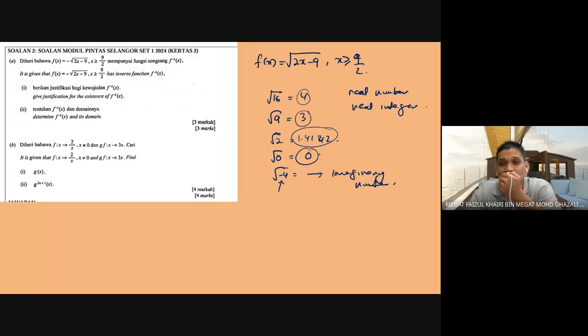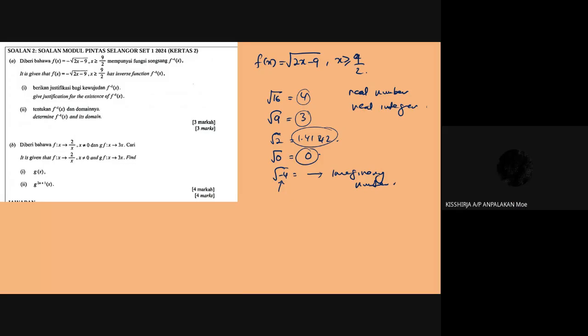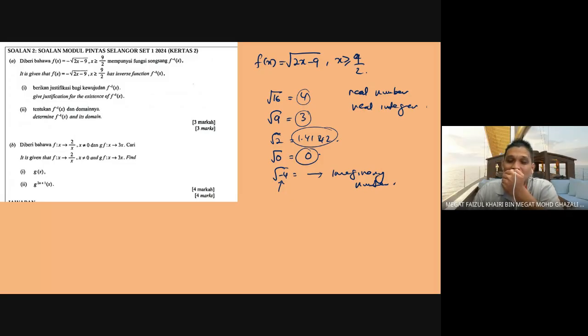We can only imagine it, right? So square root of negative 4 is 2i. Square root of negative 4 is square root of negative 1 times square root of 4, where square root of 4 equals 2 and square root of negative 1 equals i.